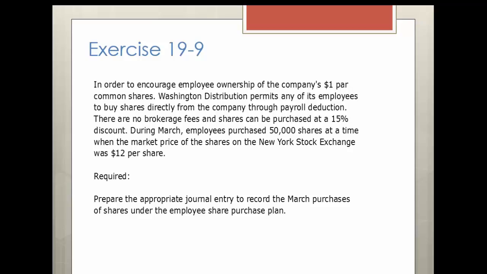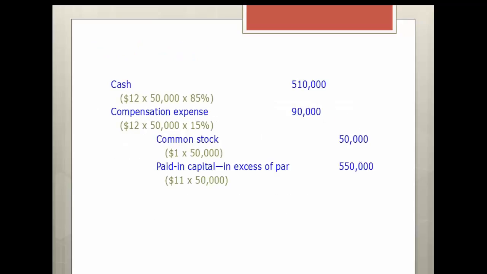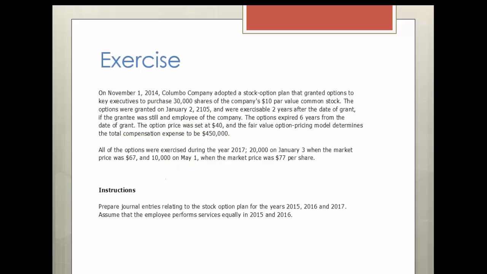In exercise 19.9, everything is going to go to the equity section. So you notice that there is no transaction that has compensation expense. And the reason is because everybody can do it, and the discount is not significant related to this opportunity to buy.